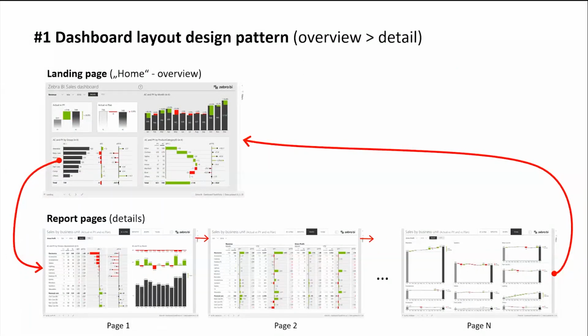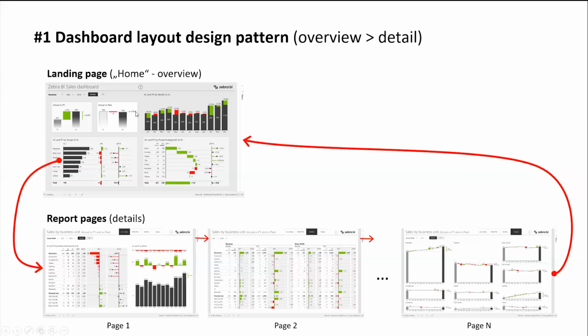So this will probably also improve your dashboards, I would say. Just generally, for the general organization of the dashboards, I would recommend a simple design pattern, like a two-layer overview detail design pattern where you build a landing page, and this will probably take most of your time to think about: what is the first page that a user will see, what are the KPIs on the first page, how do you organize it, and so on.